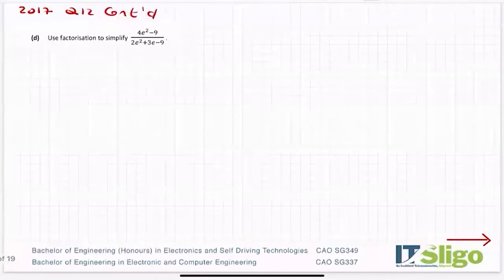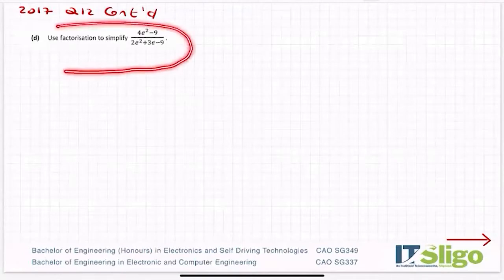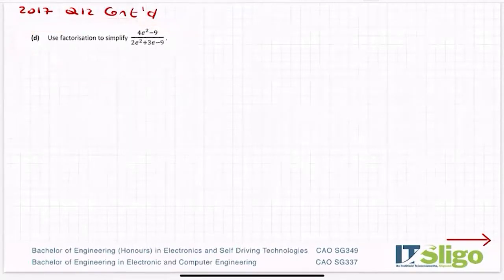So the second or the last part of it said, use factorization to simplify 4e squared minus 9 over 2e squared plus 3e minus 9. So this is a real typical way for junior cert higher level of examining factorization, and it looks an awful lot worse than it is.